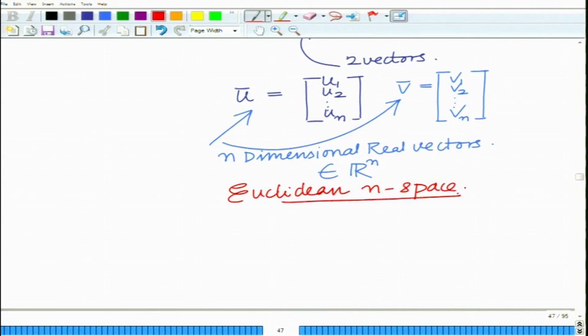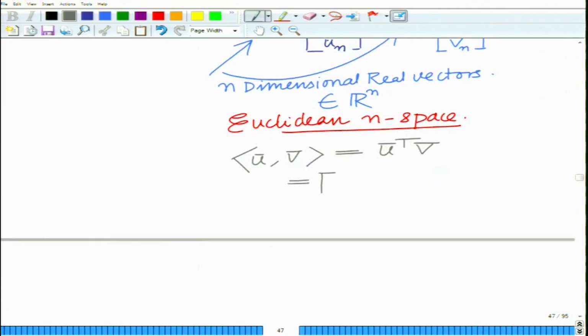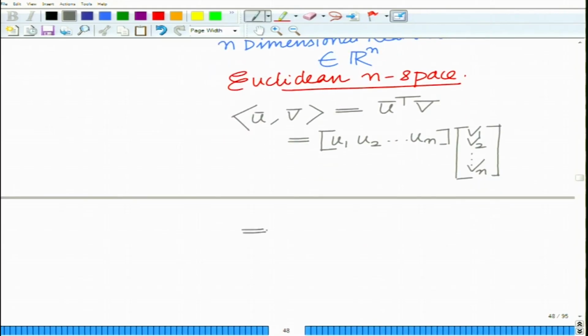The inner product in this Euclidean n space between vectors u bar and v bar is defined as u bar transpose v bar, which is basically, if you look at this, the row vector u1, u2, un times the column vector v1, v2, vn, which is basically u1 v1 plus u2 v2 plus up to un vn. Okay. So, this is the definition of the dot product.